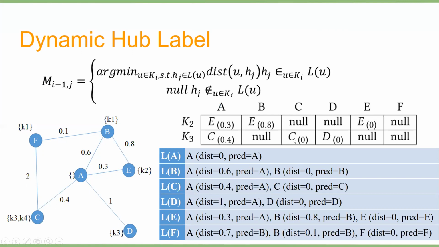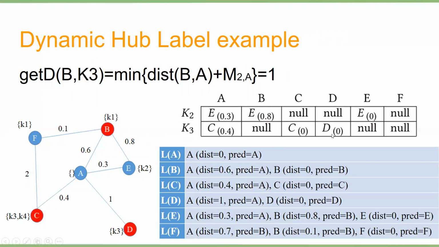And for LD, we hash it to A. It already has a vertex with smaller distance, so we just throw it away. Again, we hash D to the location of D with 0.